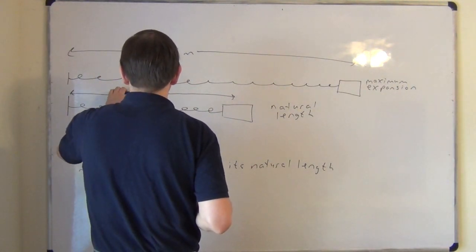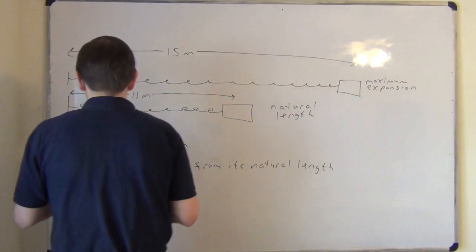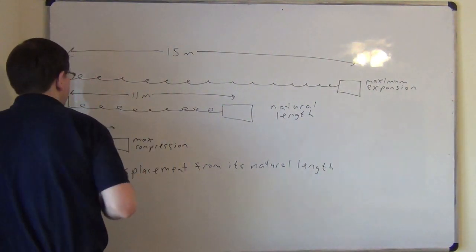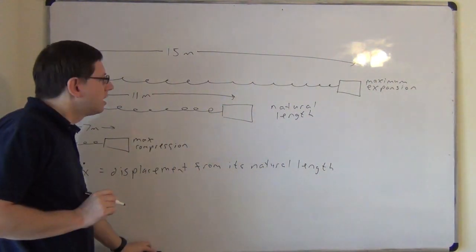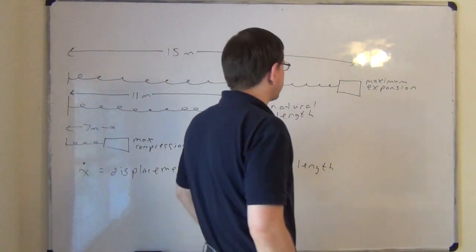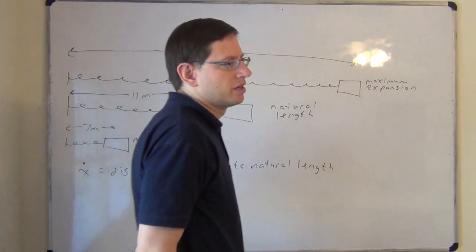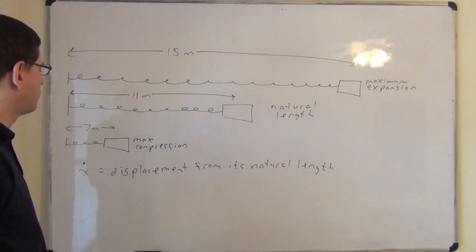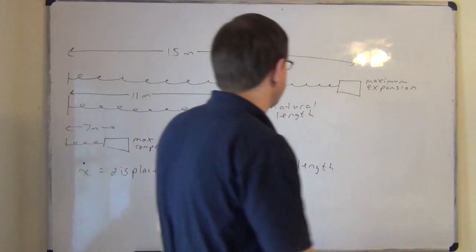Let's call this instead 11 meters. Let's do these numbers instead. Okay, so let's see if we understand this idea of x. What would x be when the spring is at this point? What would be the numerical value for x when the spring is at this point?